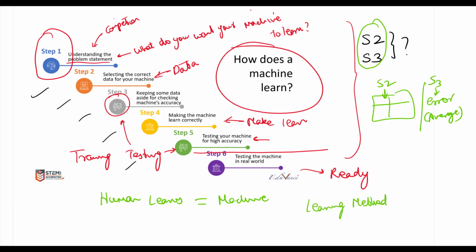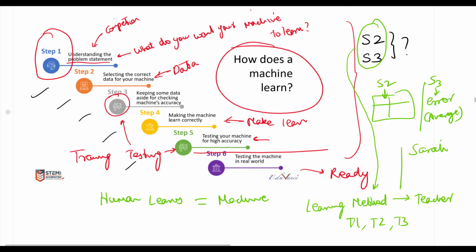Now, do you remember in session 2 and session 3, who was our learning method? That person was our teacher. So we had teacher 1, teacher 2, teacher 3. So similarly, the machine will also have a learning method. And last, when we are testing the machine for accuracy, for Jimmy, the testing was done by Sarah. Here we will use a software to test our machine.